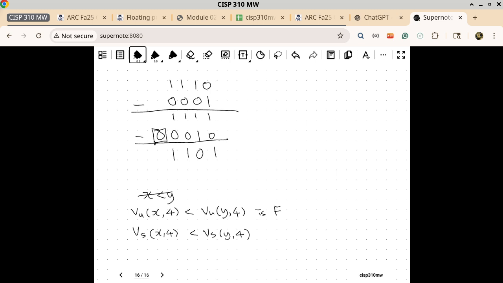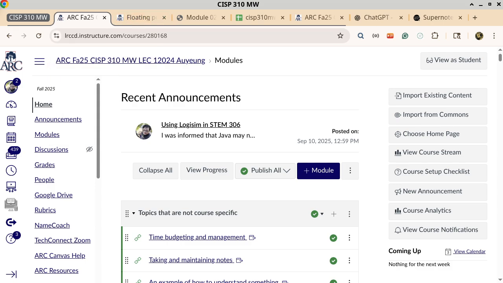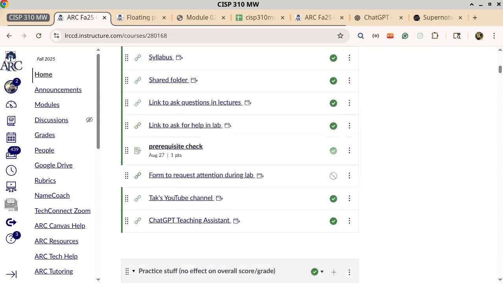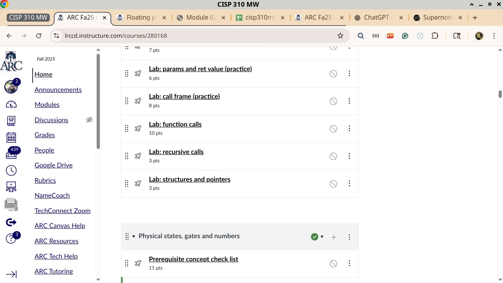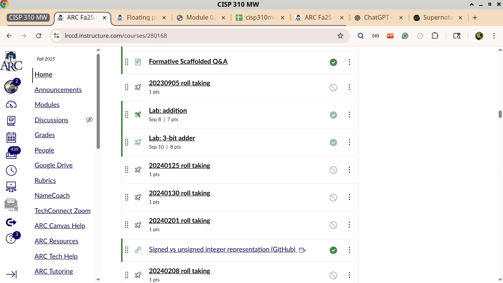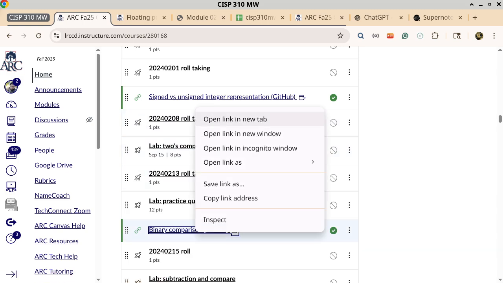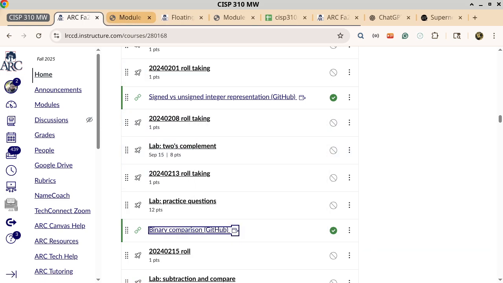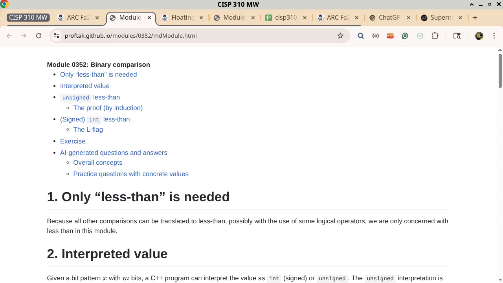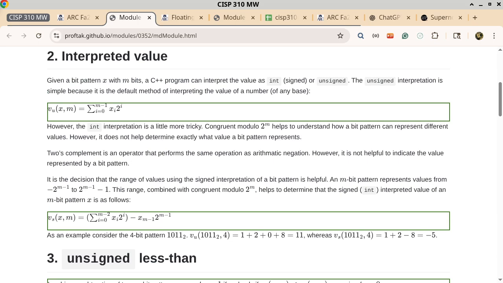All right, so with that conclusion, let me go back to the notes here because I do want to bring this up so you know where you need to study in order to get all these conclusions. So this one has to do with binary comparison, which is this particular link here. And then once you get there, it has some highlighting.